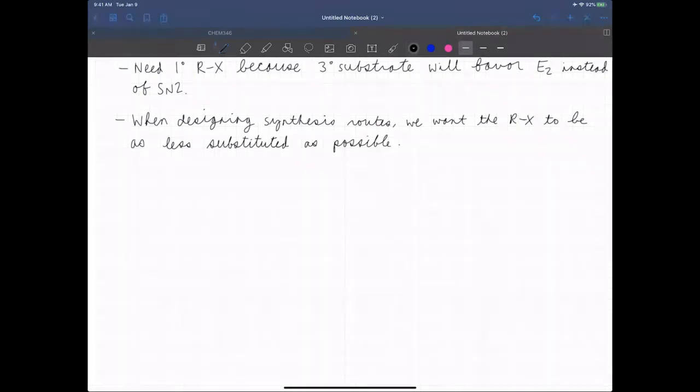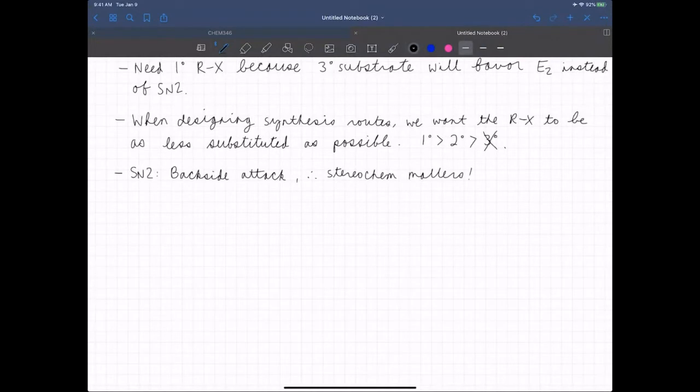So remember, increasing rate of SN2 reactions: primary is the strongest, then secondary, then tertiary. So at tertiary, we technically don't have anything going on here. Remember, if it's an SN2, it's a backside attack, and therefore stereochemistry is important. I hope you know what to do if you have a substrate with chiral centers. I hope you know to flip them when necessary.